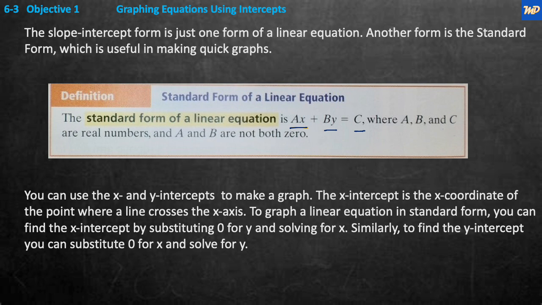The x-intercept is the x-coordinate of the point where a line crosses the x-axis. To graph the linear equation in standard form, you can find the x-intercept by substituting 0 for y and solving for x. Similarly, you can find the y-intercept by substituting 0 for x and solving for y.